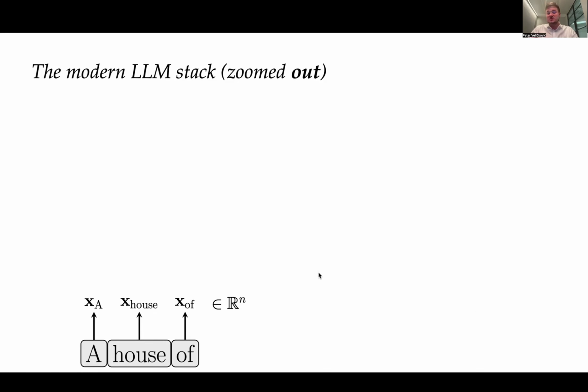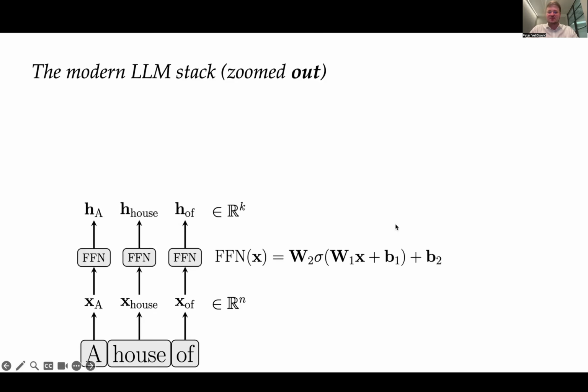And then what you do is you alternate 2 different types of layers. The first type of layer is a feed-forward network. This is your typical local permutation equivariant layer applied to every single item separately. So this can be just, for example, a 2-layer MLP.